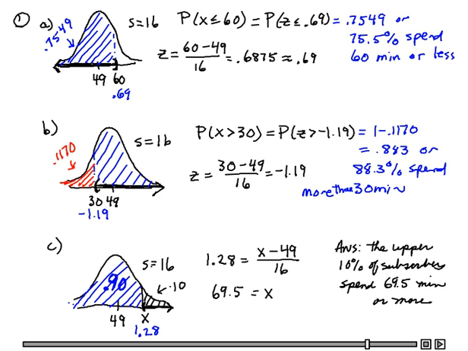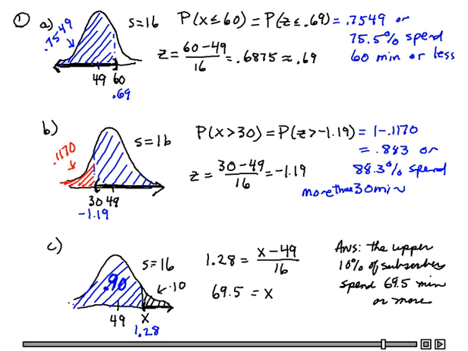Now, this problem demonstrates pretty much two types of problems in section 6.2. One problem is calculating a probability when you're given an interval. That's part A and part B. And sometimes you have to work with the fact that the area under the curve is 1, and the table doesn't always directly give you the probability.